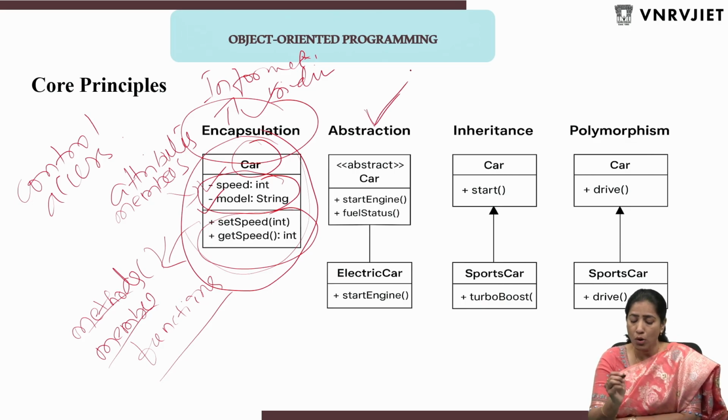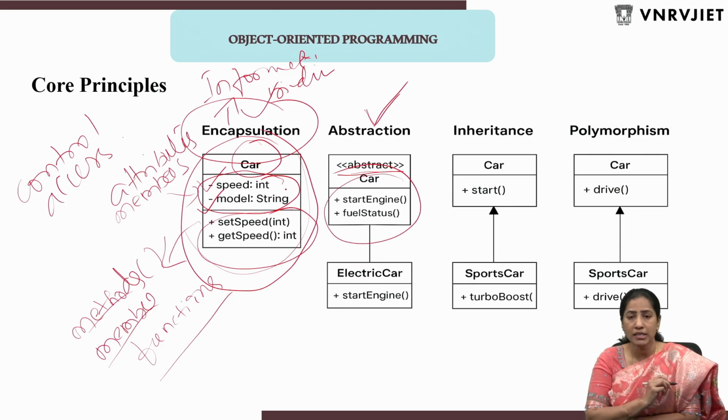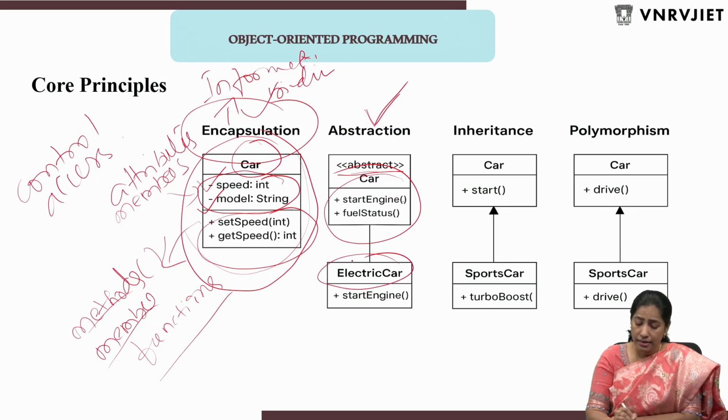And then we have another property called abstraction. If you see this example, here we have to mention the keyword abstract before the class name, so that it only shows the essentials, not the inside data. Here it is not showing what the properties of a car class are, or what is inside start engine. Here, electric car is a subclass of this car class.